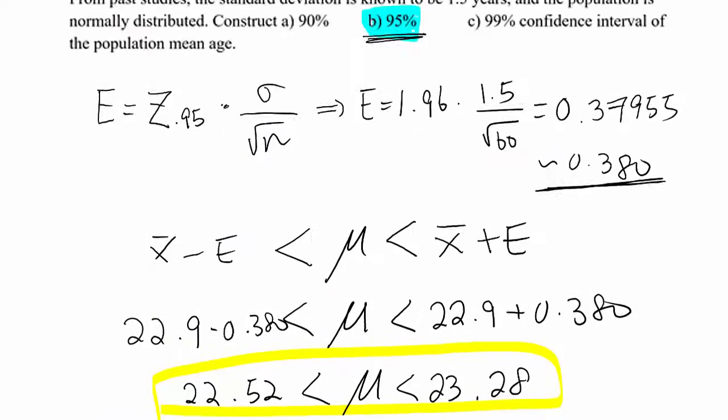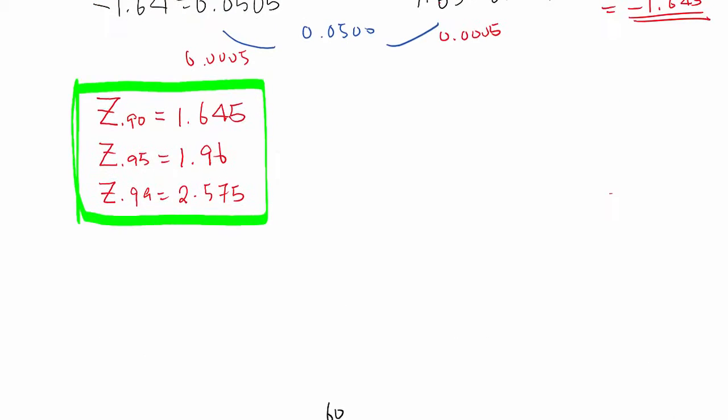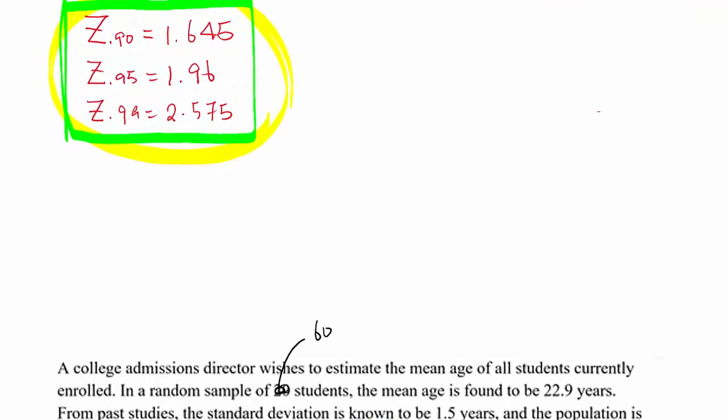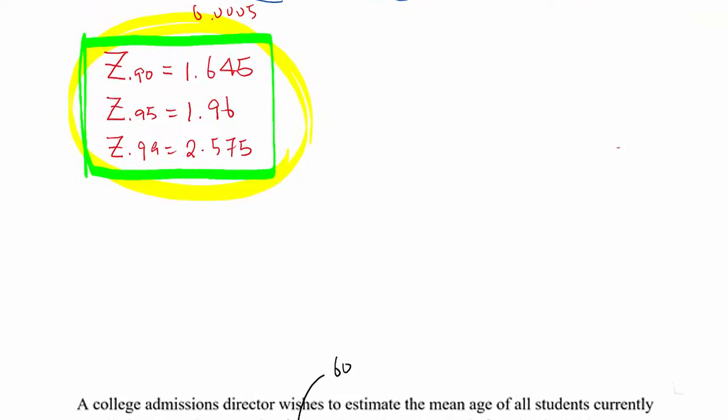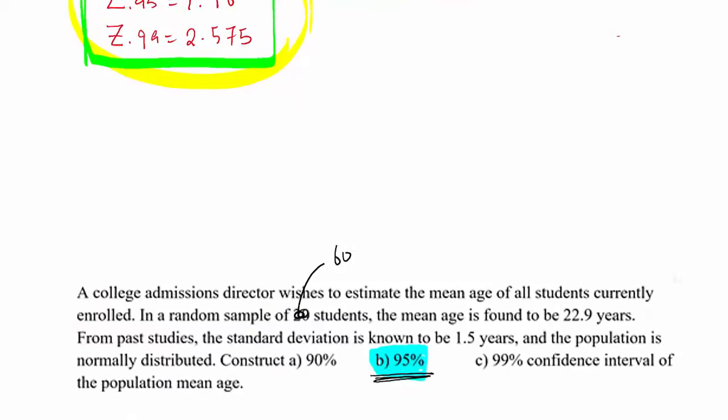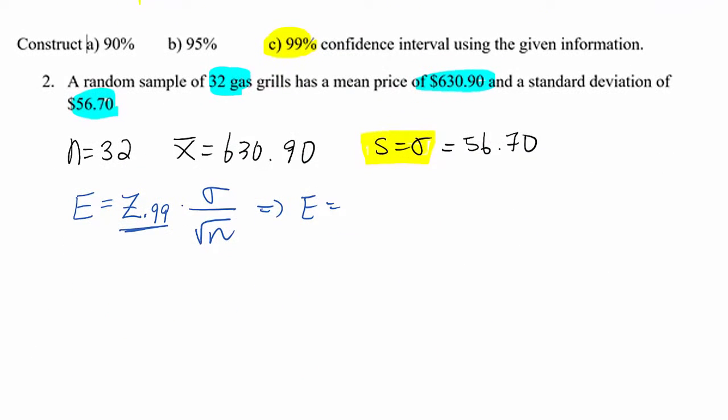As I told you before, all these values are always consistent as long as this is a large sample, so if possible, you'd better memorize it. So error equals 2.575 times sigma, which is 56.70, over the square root of n, so that's 32 here.